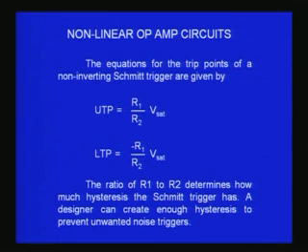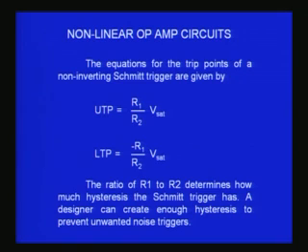I initially showed you the inverting Schmitt trigger, and the UTP and LTP in the non-inverting will be R1 by R2 times Vsat and minus R1 by R2 times Vsat. So the only difference is that in the other case it was R1 by R1 plus R2 times Vsat. Here it is just R1 by R2 times Vsat, and therefore this also will help you to make a Schmitt trigger with a regenerative comparator.